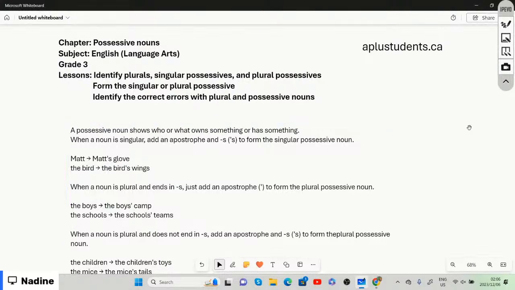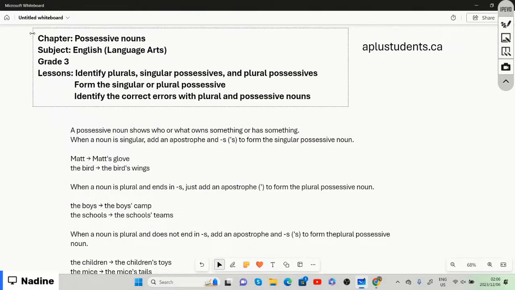All right, so now we're going on to possessive nouns. Our chapter for today is possessive nouns. Our subject is English, which is language arts, grade 3.